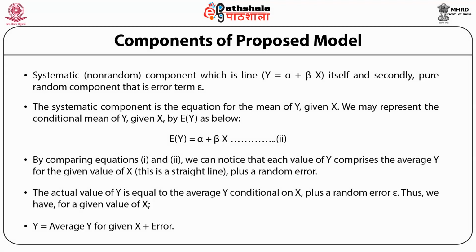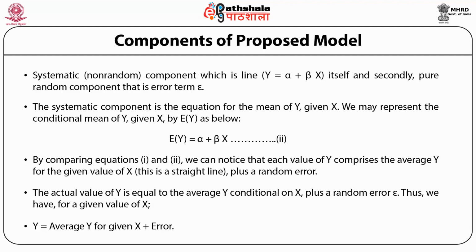So we have developed the simple regression equation to predict the value of the variable y for the given value of the variable x. So y cap is equal to alpha plus beta x plus alpha error term, equation number 1.